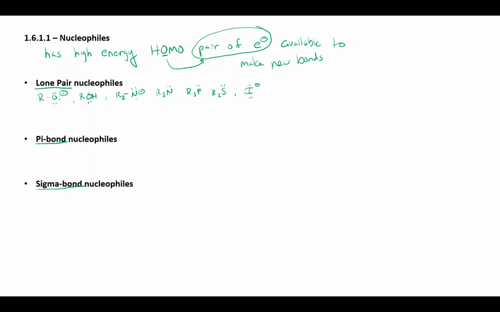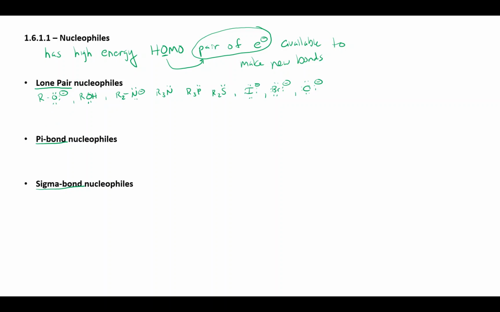Iodine has plenty of lone pairs to share. Bromine is an okay nucleophile. It's a lot of lone pairs to draw, right? And etc. Chlorine, not that great, but okay. Fluorine is not a very good nucleophile because it doesn't share its electrons. Right? More on that in a moment.